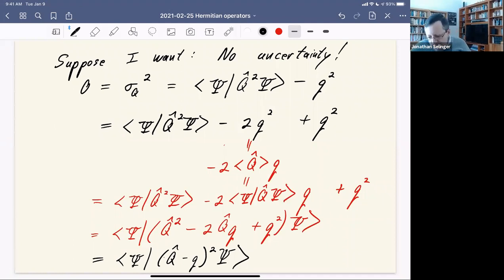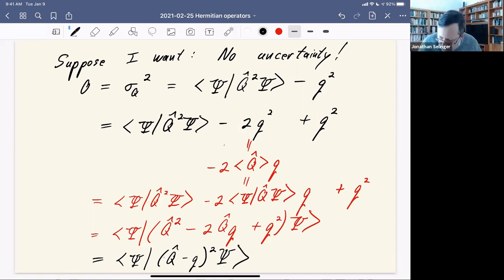So remember, little q is just a number. Little q is the expectation value of the operator big Q. Okay, now let's keep going.